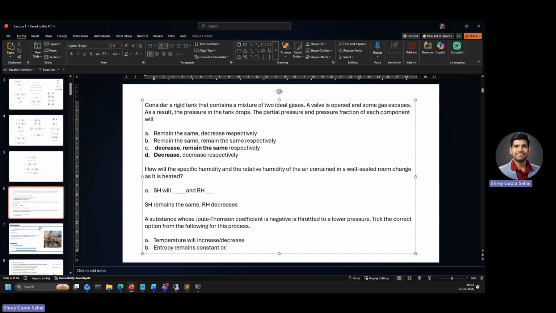See, if the Joule-Thomson coefficient is negative, then at constant enthalpy, dT by dP is negative. Now, because dP is negative, temperature should increase, and that's the correct option. Because it's a throttling process, entropy cannot decrease; it has to increase, because we are assuming there is no heat transfer.